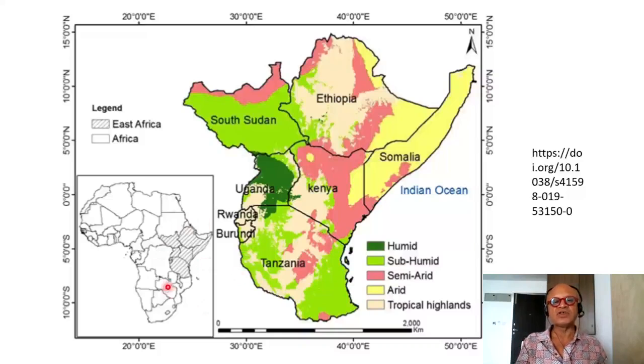So focusing on East Africa, which is obviously the cradle of human evolution, as we have implied so far. So you can see that even within this little region, the complexity of the vegetation distribution now is the western end, which is humid forests, and you get into subhumid regions as you go north and southeast.